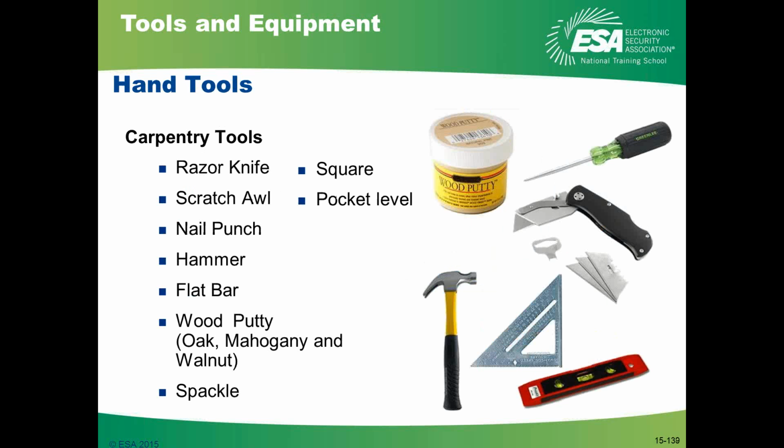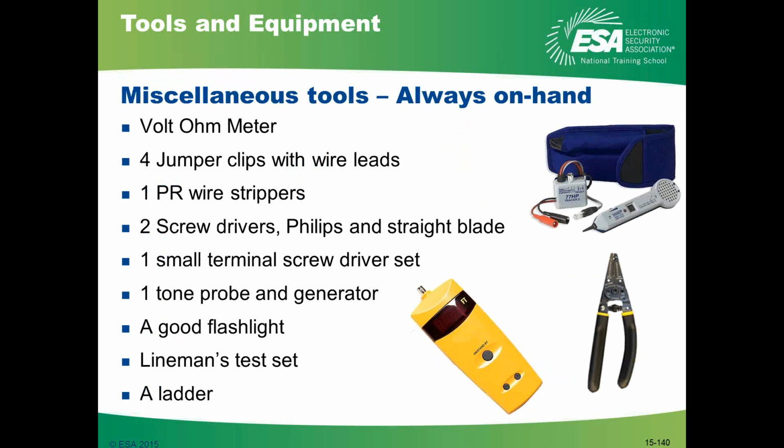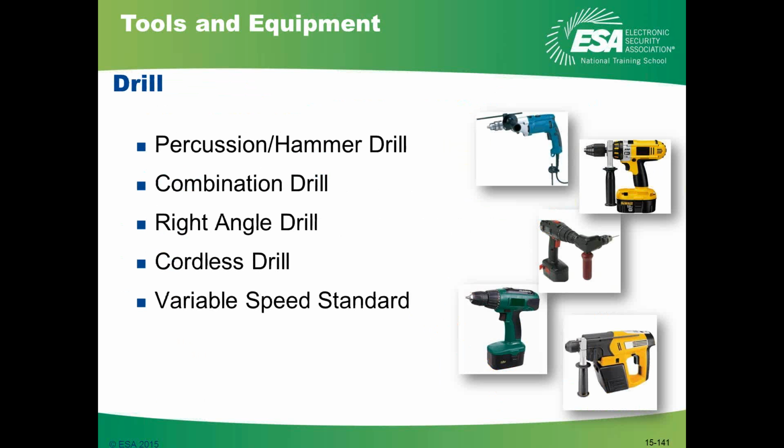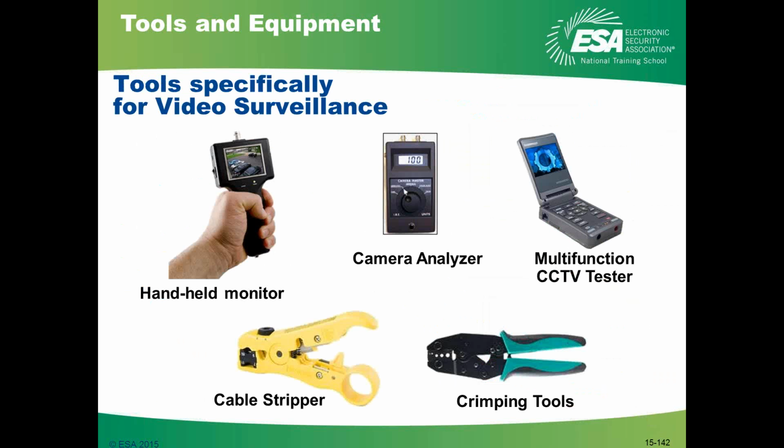Again, I think we did a much better job of having pictures that were relevant to what it is we use today. Drills, various handheld monitor, and the multi-function CCTV tester there, and also the camera analyzer that are all specific for video.